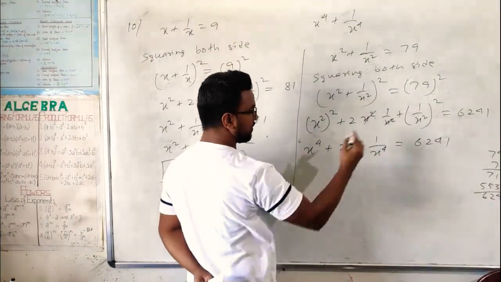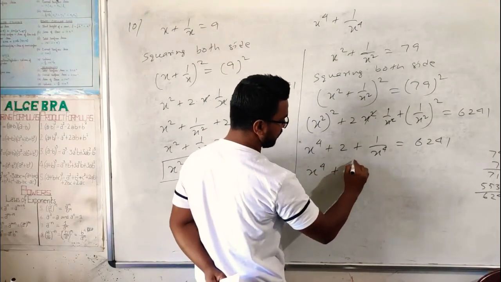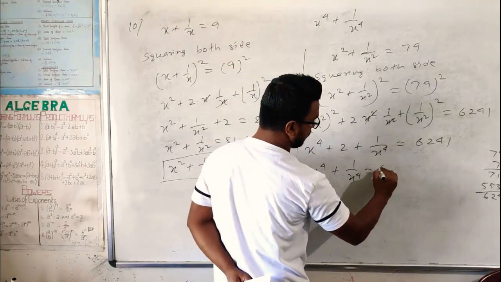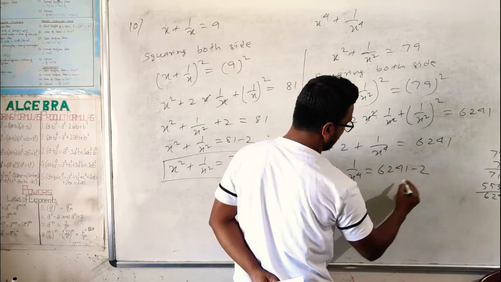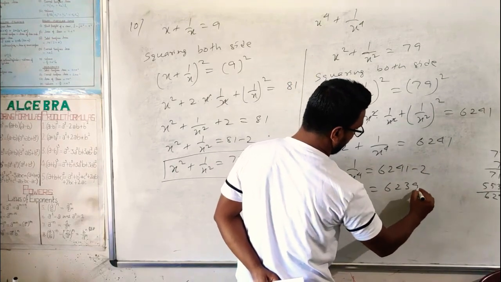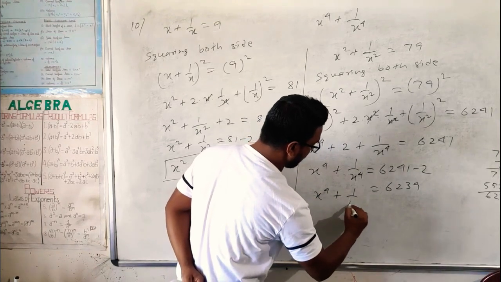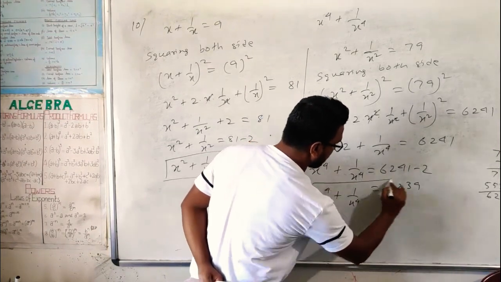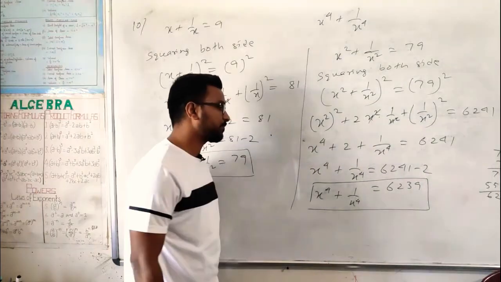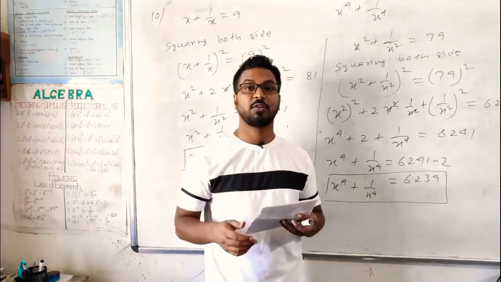So take this 2 to the other side, you will get x to the power 4 plus 1 by x to the power 4 equals 6241 minus 2, that is 6239. So the value of x to the power 4 plus 1 by x to the power 4 is 6239.